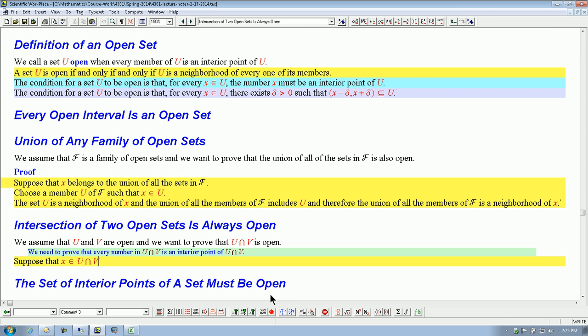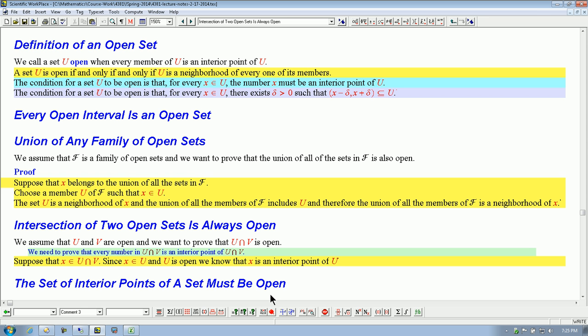Well, since x definitely belongs to U, and U is open, isn't U given open? We know that x is an interior point of U. Likewise, x is an interior point of V.